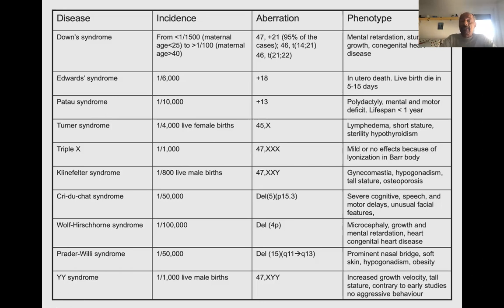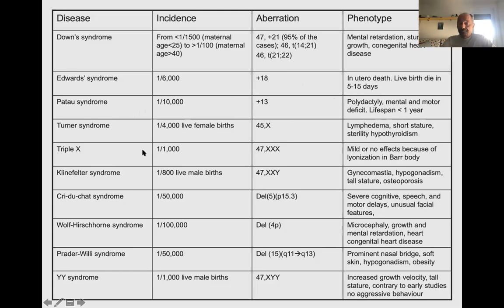For example, Edwards syndrome, which is a trisomy of chromosome 18, is generally associated to in utero death. Live births die in 5-15 days. The Patau syndrome, which is very rare, 1 in 10,000, is again a numerical aberration, trisomy 13. It involves polydactyly, mental and motor deficit, and the lifespan is also very short, less than 1 year.